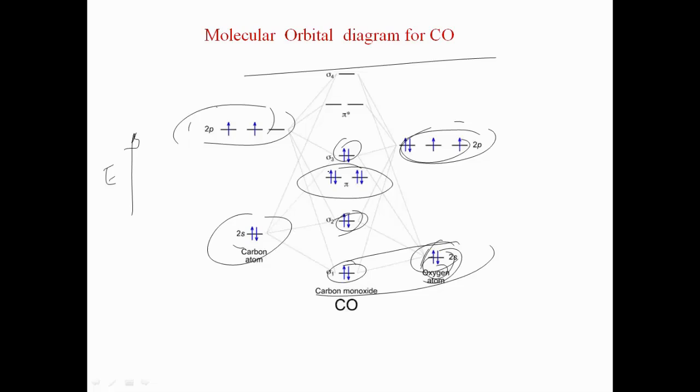Now what happens in this molecule CO is that this sigma is pushed up quite a bit. Usually this is down here, but in CO, for a variety of reasons, it's pushed up quite a bit. Essentially it's very close to the energy of the oxygen atomic orbital.